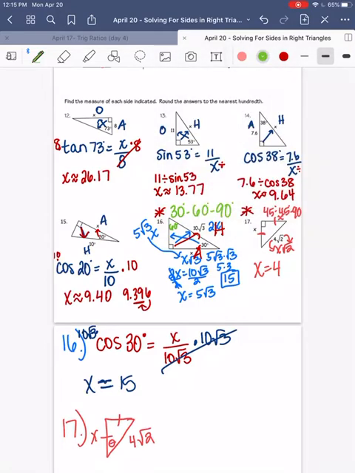Then we can label our sides. So this is our hypotenuse, and this would be our adjacent. Okay? So then we would have cosine, I didn't mean to put theta. I really should have put 45 degrees, I'm sorry, in here. All right, equals, and then our adjacent over our hypotenuse.